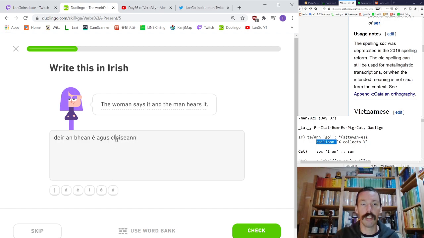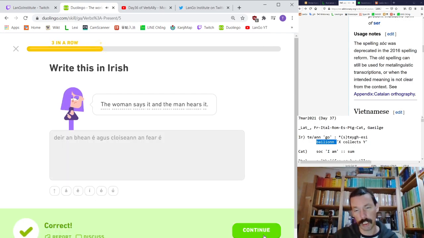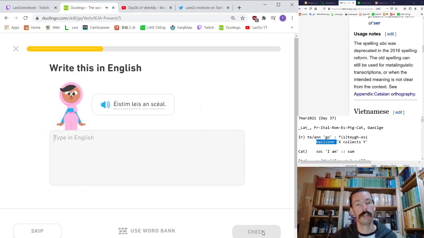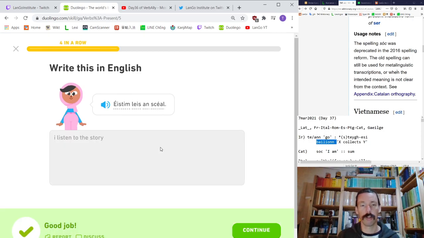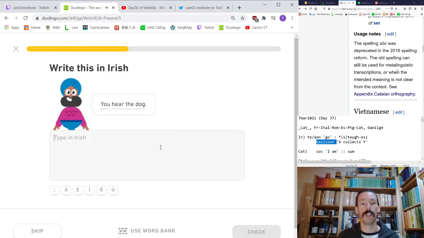So I and E on either side of S, clushen. An fear, the man, and then it again, é. Yes, that's nice. Éistim leis an scéal. I listen with the story, literally. Éistim leis an scéal. I listen to the story. For good English. You hear the dog. Here again, clushen.